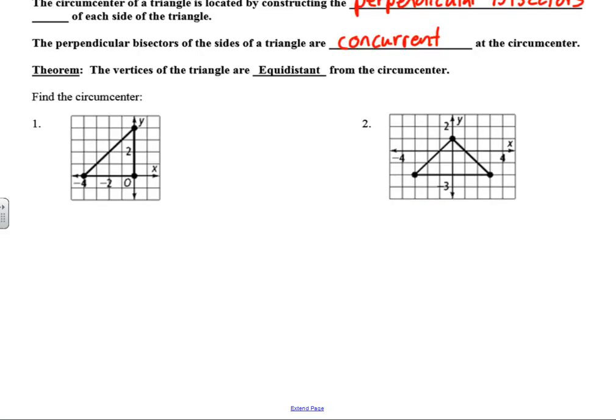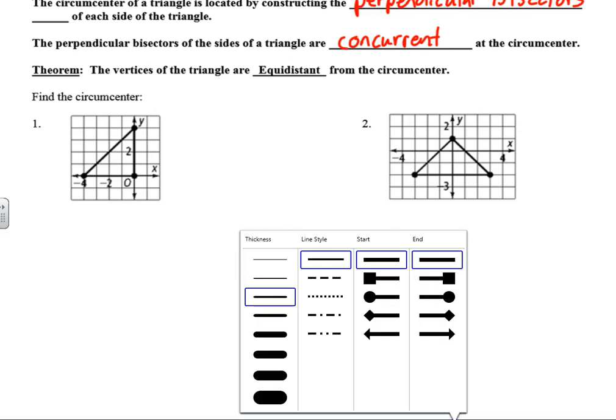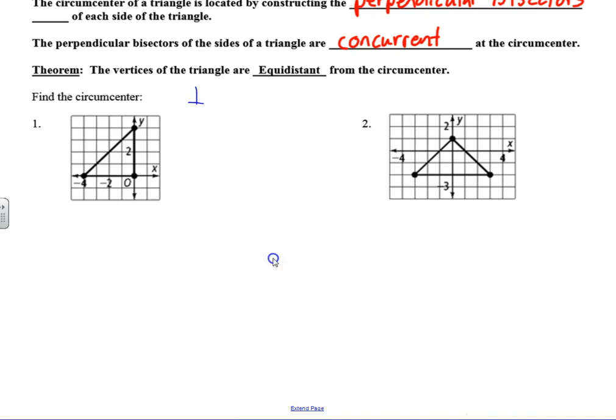All right, so on the coordinate plane, find the circumcenter. Okay, so let's think about this. Perpendicular bisectors, coordinate plane. Okay, connection. Perpendicular, you want to think slope.